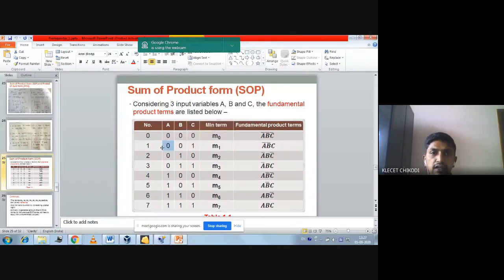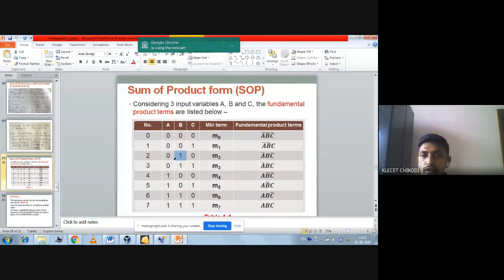Similarly, if you consider the 0, 0, 1, it will be A bar, B bar, C, because since C is equal to 1, we are not taking the complement of that. Similarly, for 0, 1, 0, we are taking A bar, B, because again, since B is not 0, we are not taking the complement.